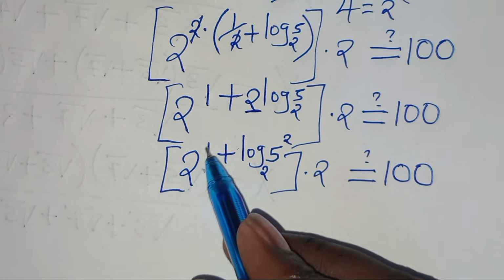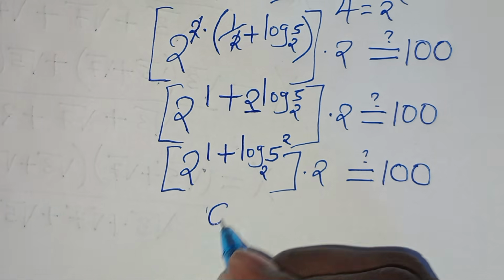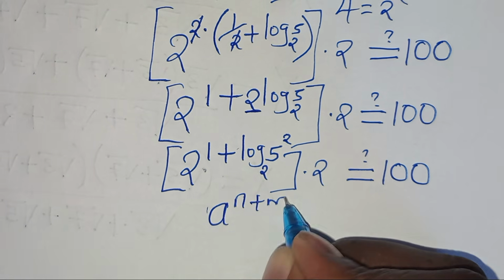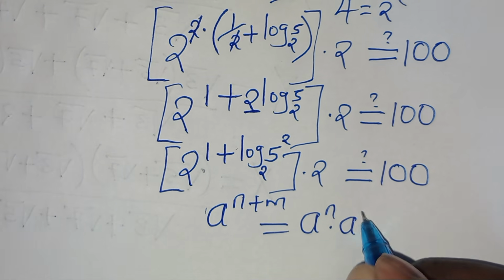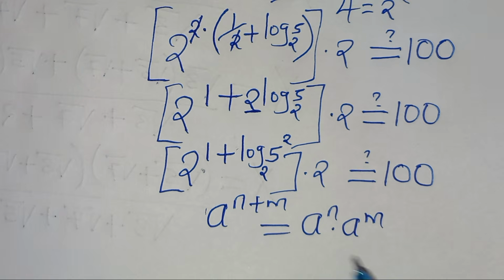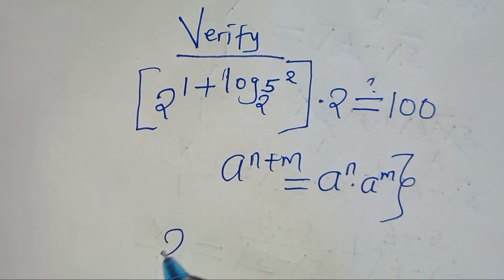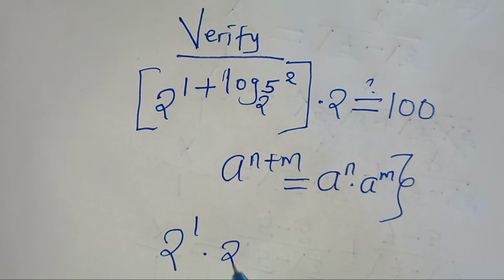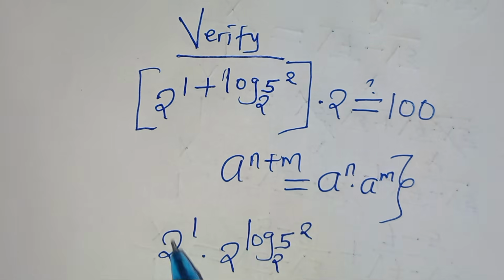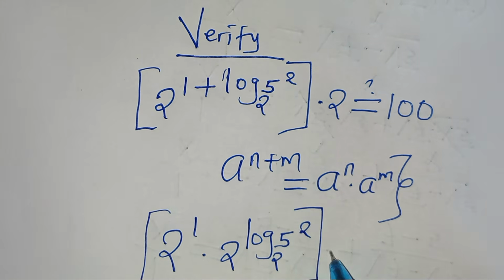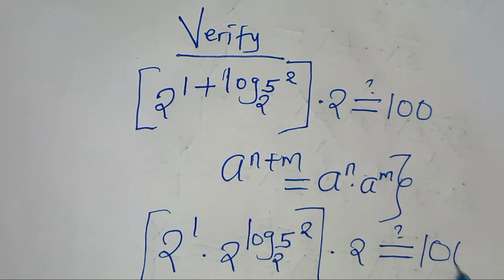We have that 2 to the power of 1 plus log 5 to the power of 2 to base 2. This is in the form of a to the power of n plus m, which we can express as a to the power of n multiplied by a to the power of m. So applying this property, we have 2 to the power of 1 times 2 raised to the power of log 5 squared to base 2. Everything here multiplied by 2. This is supposed to give us a value of 100.